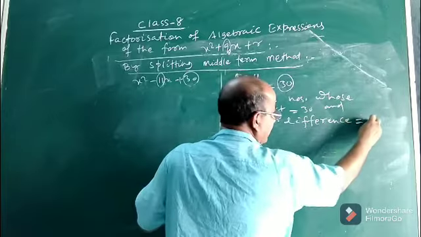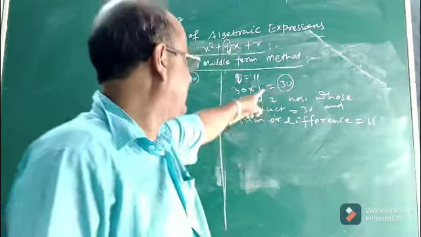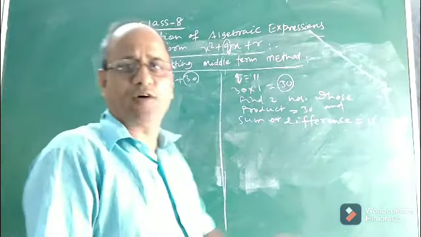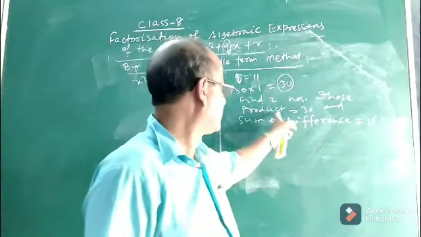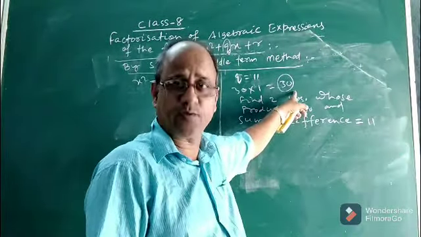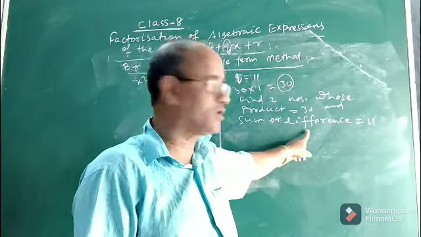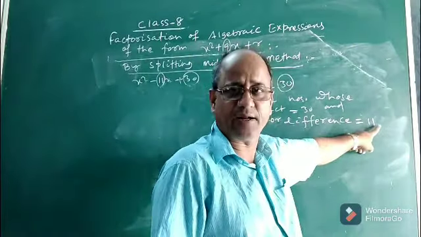What is the middle term? 11. So what I mean to say, children, after multiplying the constant term by the coefficient of x square, you select two numbers from the table whose product should be equal to 30. And if you add or subtract those two numbers, their sum or difference should be equal to the middle term, that is 11.